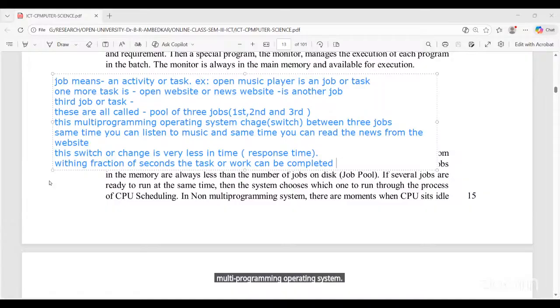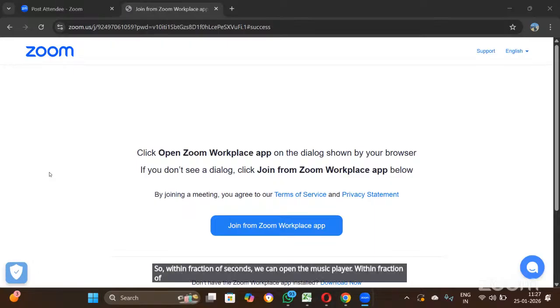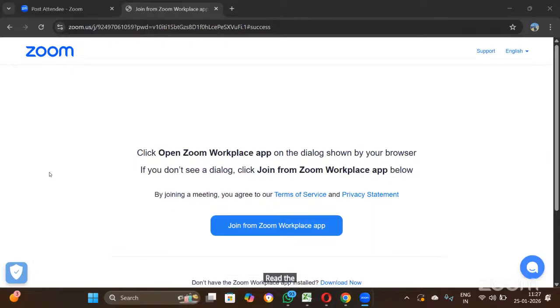Here the concept to understand is minimizing the response time. Within a fraction of seconds we can open the music player, read the news, and open the other website.